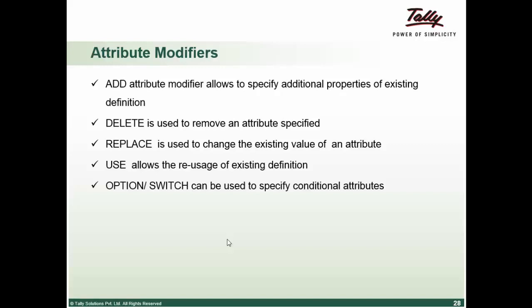Use allows us to reuse the existing definition, that could be the default or one written by the programmer. Local attribute is used in the context of the definition to set the values of a particular attribute for that particular definition. Option and switch can be used to specify conditional attributes.